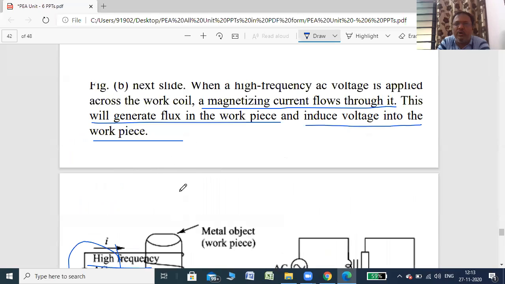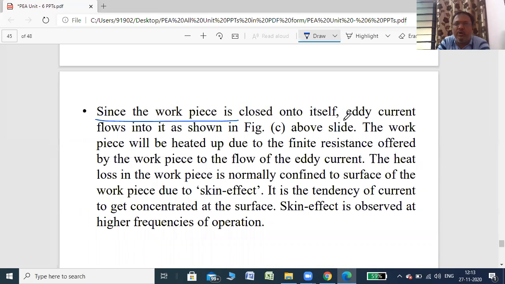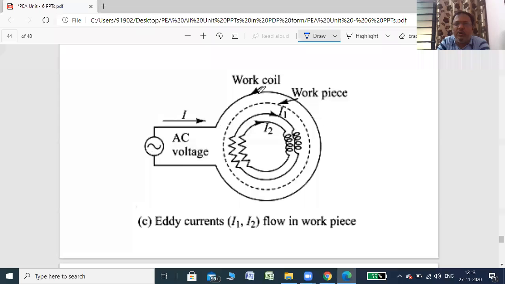Then exactly what happens, we will see: since the workpiece is closed on itself, eddy current flows into it as shown in the figure. So see, this is the workpiece, AC voltage, then this is called the work coil, and this is the workpiece, and these are called eddy currents, right? What is the eddy current actually?